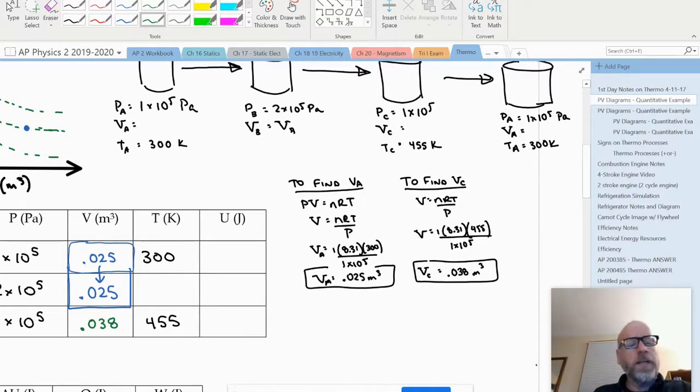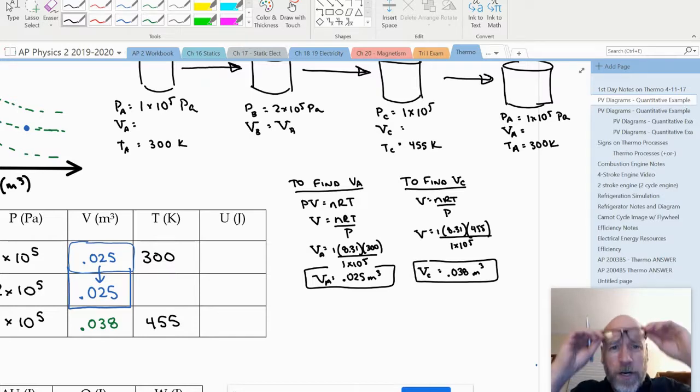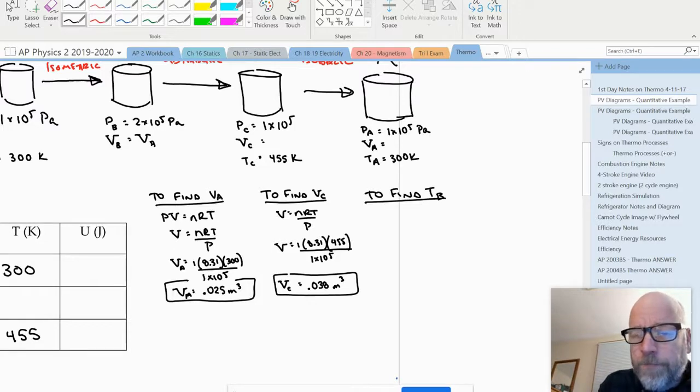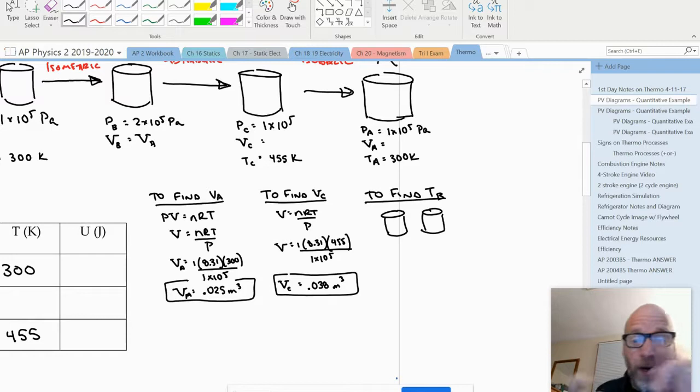Now, do I need the temperature? Possibly. So just for kicks, I'm going to find it because I like to be prepared for anything. And if it turns out that we don't use the temperature for B, so be it. It's not a big loss in terms of time. So let's find T at B. Just to shake things up, I'm going to compare two positions because what I have here is a closed system.